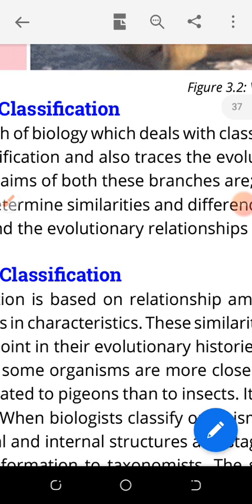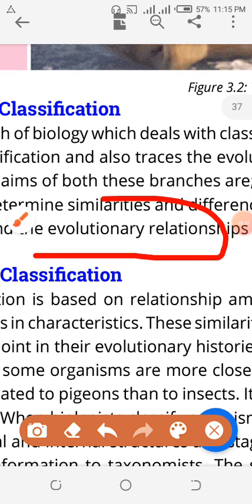Your question from your side: sir, 100 years back, 500 years back, we are studying this evolutionary relationship. What is the benefit of the study of evolutionary relationship in current life? We are in 2020, and if we study human beings from 500 years back, what is the benefit of that? When you study the evolutionary history of animals, you are able to classify.